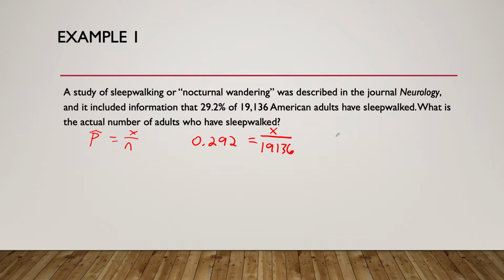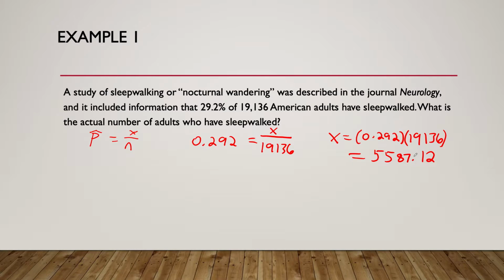So, just simple algebra, we would solve for x by multiplying 0.292 times 19,136. Toss in that multiplication to a calculator will give us a value of about 5,587.12.